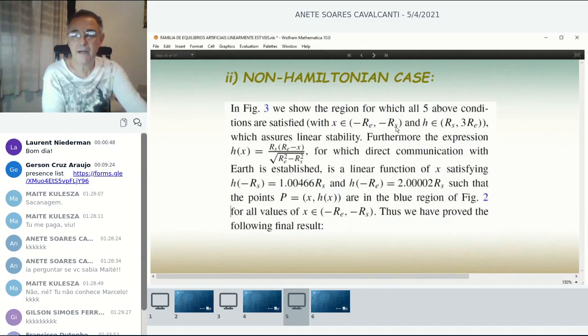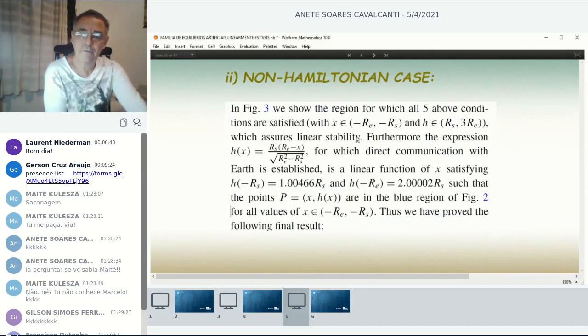R, big R, S means the radius of the Sun. So it's really behind the Sun. And I put here another limitation for x, that is minus 1 astronomical unit, R, big R, E means the distance from the Earth to the Sun. And also I consider h in this range of values.